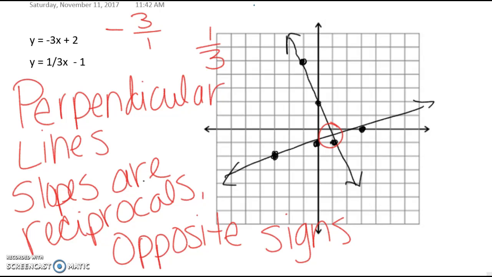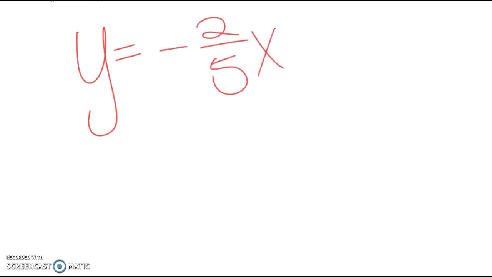If I asked you to give me an equation of a line perpendicular to negative 2/5 x plus 7. In this case, when you're talking about perpendicular lines, the y-intercept makes no difference. They can be the same y-intercept, they can be different y-intercepts, it doesn't matter where you start them.